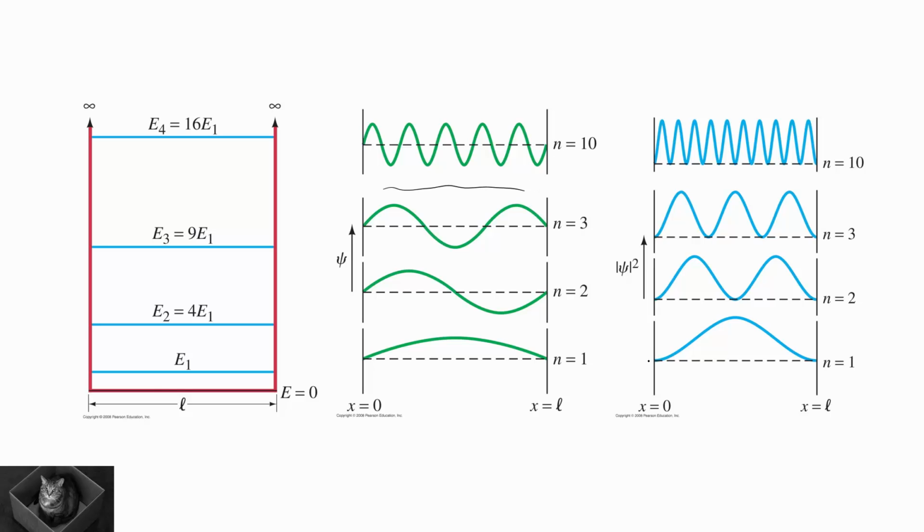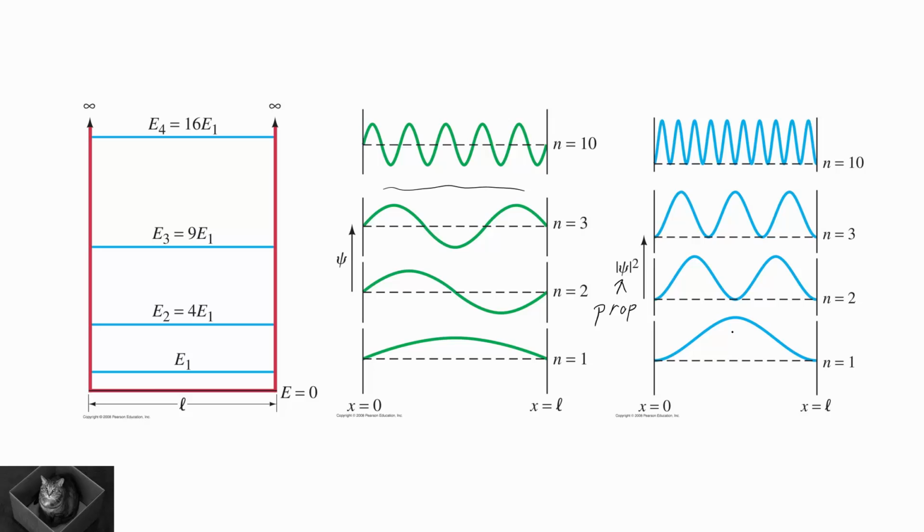And if we square these, it's going to kind of make these taller. It'll make everything positive. What this thing is telling us, remember, is a probability distribution. So this is where we're likely to find the particle in a box. If we go back to the box analogy, if I have this impenetrable box with a cavity on the inside, and there's a particle stuck in there just bouncing around, the most likely place I'm going to find that particle is right in the middle of the box, if it's in the ground state.